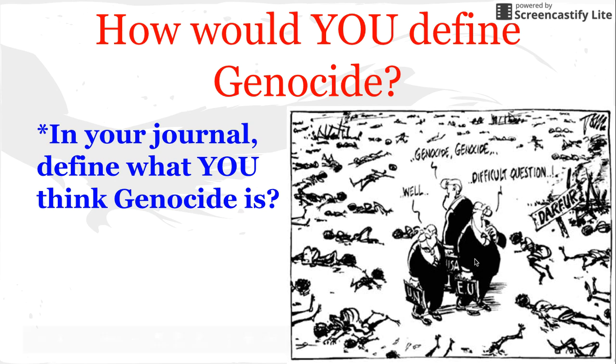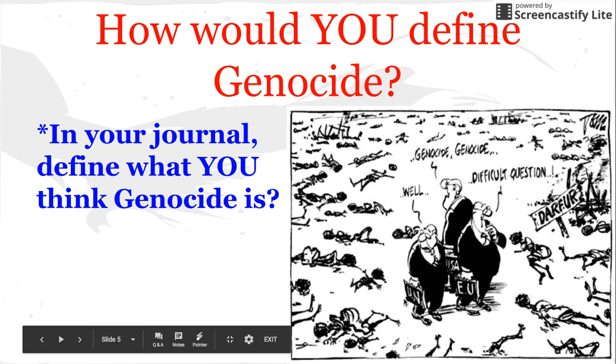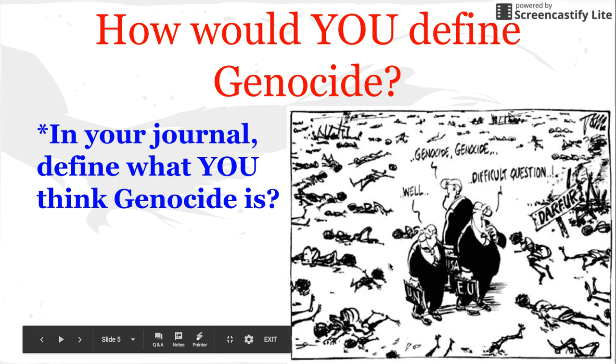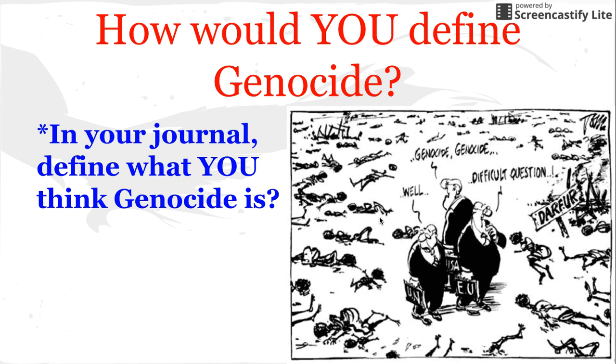He says this is a difficult question to answer. And then we have the third character, which is the United Nations, and again, they're just not sure how to actually define this criminal act. You can see within the picture it's a representation of Darfur, which is the genocide that started in 2003 in what is now known as South Sudan. So in your journals, I want you to figure out what is the definition of this word that we're going to be studying for the next couple of weeks: genocide.